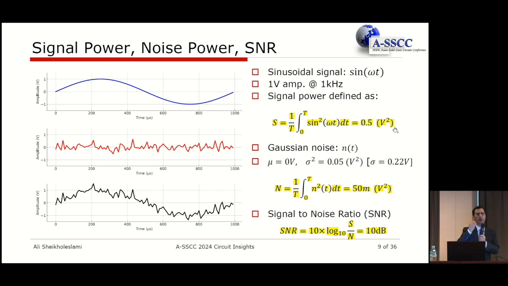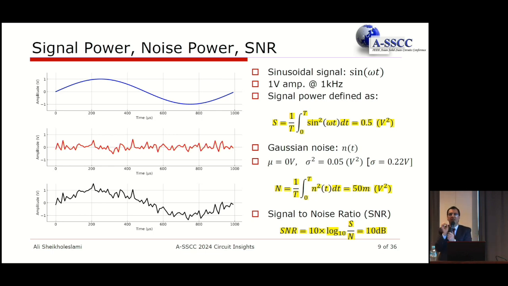Remember, when we say this power, this is not the power that we consume in a resistor, but if you wish to think about it that way, it's a power that we can consume in a 1 ohm resistor. If we apply that voltage signal to a 1 ohm resistor, how much heat do you generate? The answer is that a sinusoidal signal with 1 volt peak is going to generate half a watt in that case.